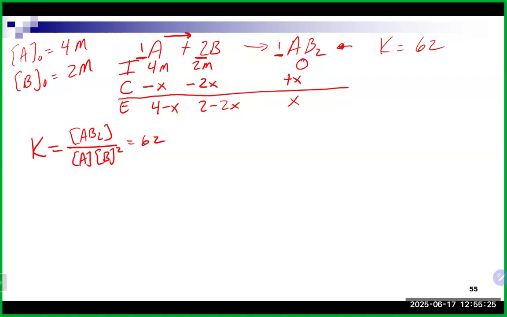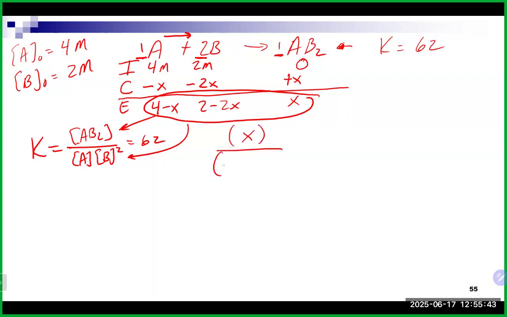Putting in our equilibrium values, we would end up with x on top divided by 4 minus x and 2 minus 2x squared, and that would equal 62. I clearly just made up some numbers here, and it didn't work out so well for me, but at this point, the goal would be to solve for x.